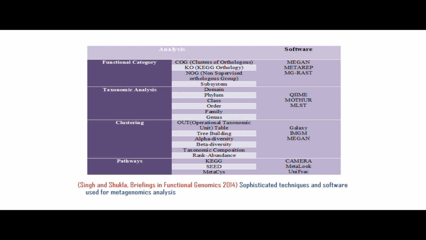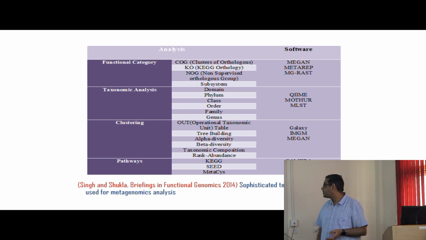Okay. Then taxonomic analysis. If you have interest only in the taxonomic analysis of a microbe or whatever you are working, you can use these domain analysis softwares, class, order, family, QIIME, mother, and MLST. If you want to know the clustering, like OTU, tree building, alpha diversity, beta diversity, taxonomic composition, rank abundance, you use Galaxy, IMG/M, MEGAN.